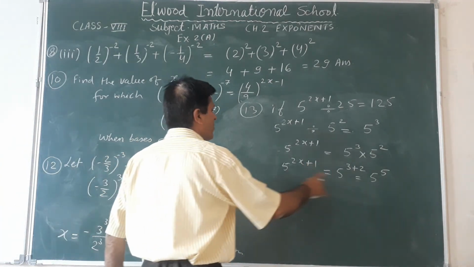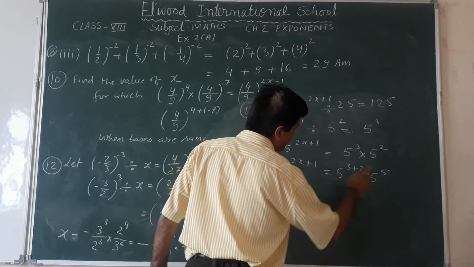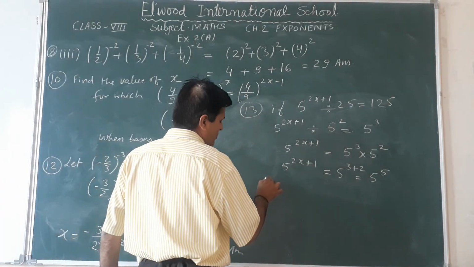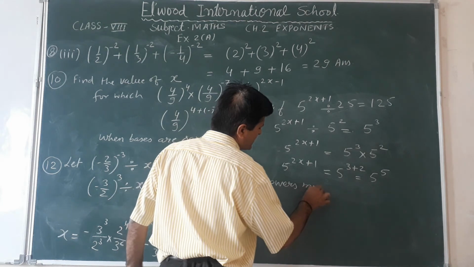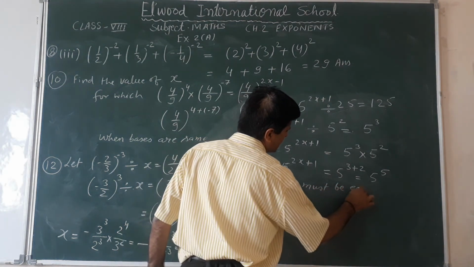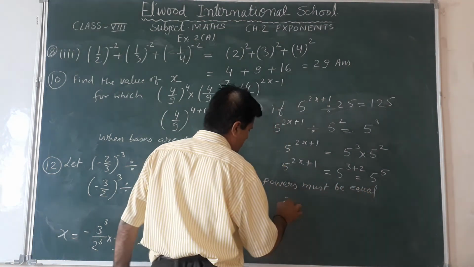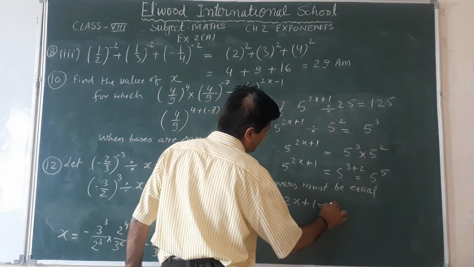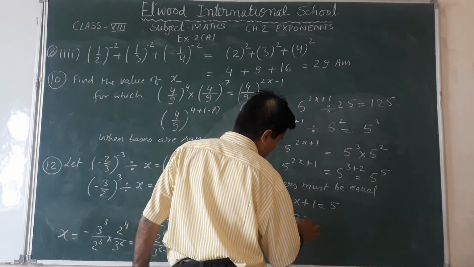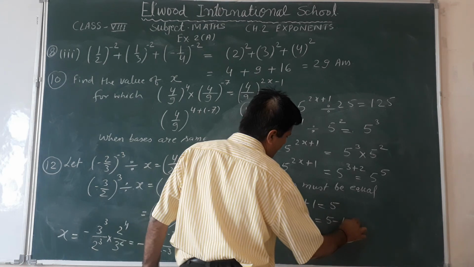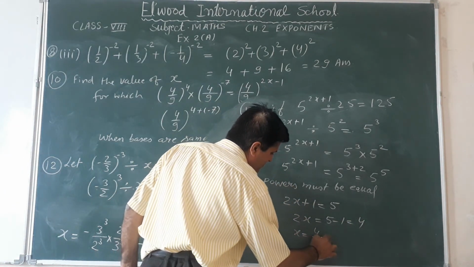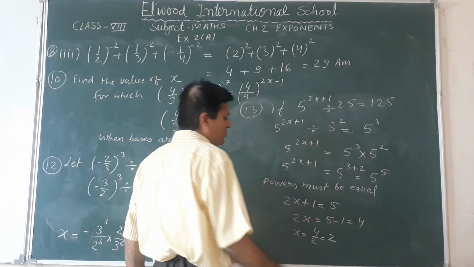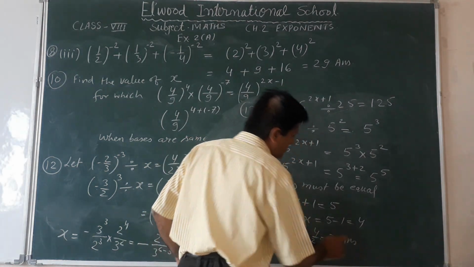Now, when the bases on both sides are the same, the powers must be equal. So 2x plus 1 is equal to 5, and 2x is equal to 5 minus 1, which is 4. So x will be 4 upon 2. So the value of x is 2.